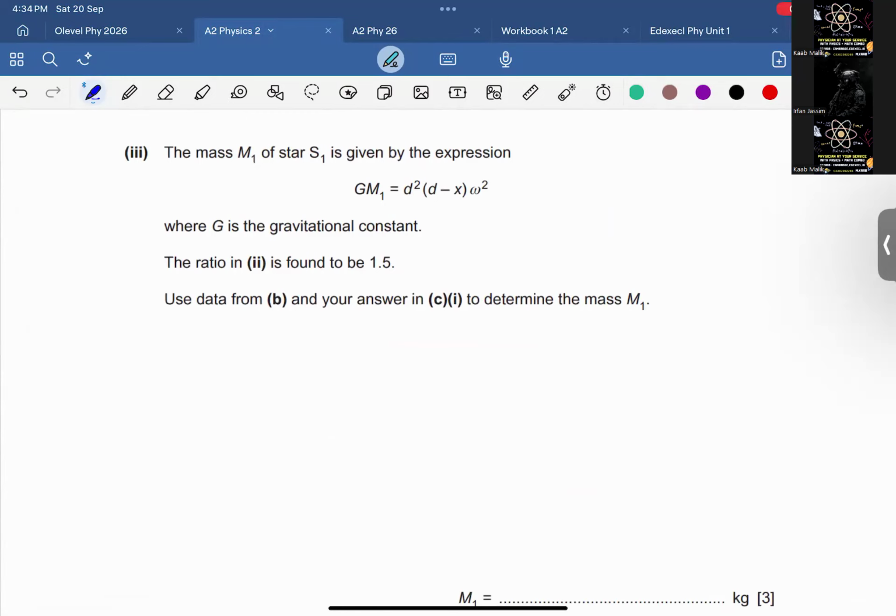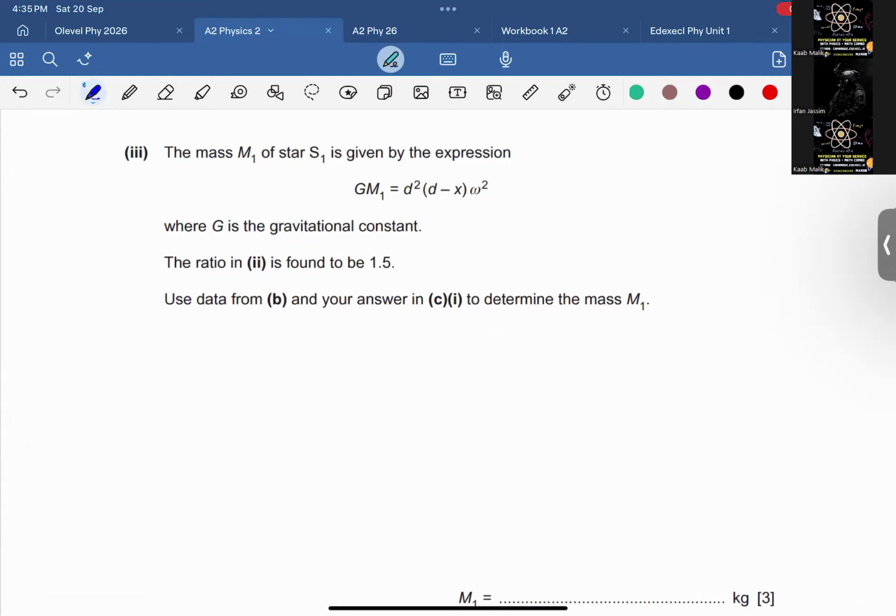The mass M1 of star S1 is given by the separation: G M1 is equal to D squared into D minus X omega squared, where G is the gravitational constant. The ratio in (b) is found to be 1.5, related to the previous question.